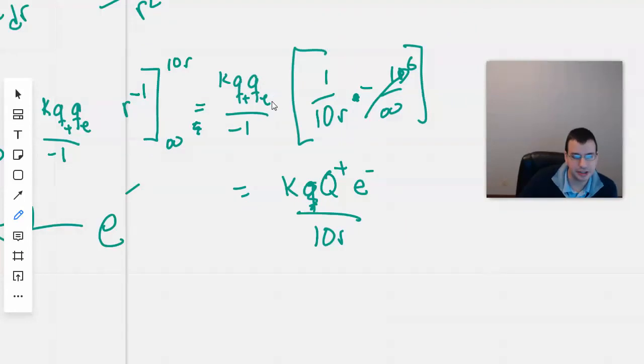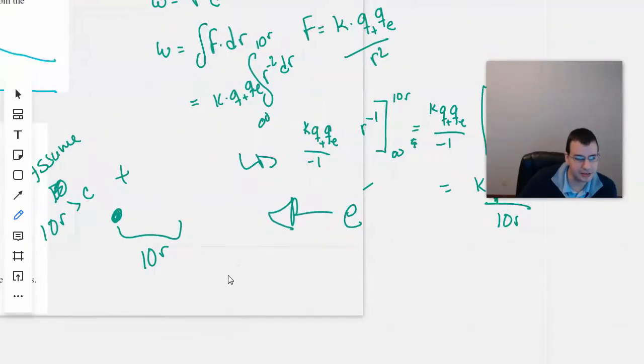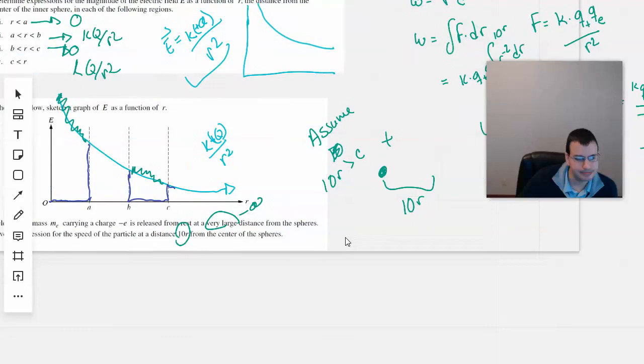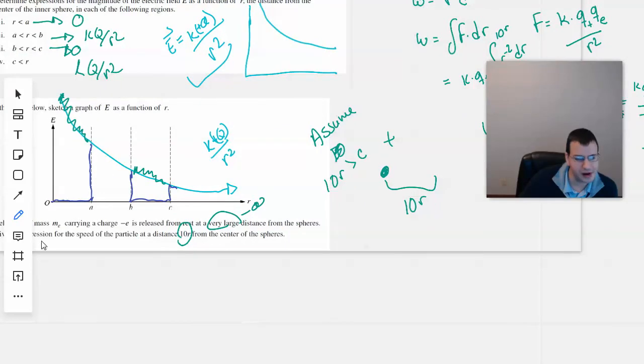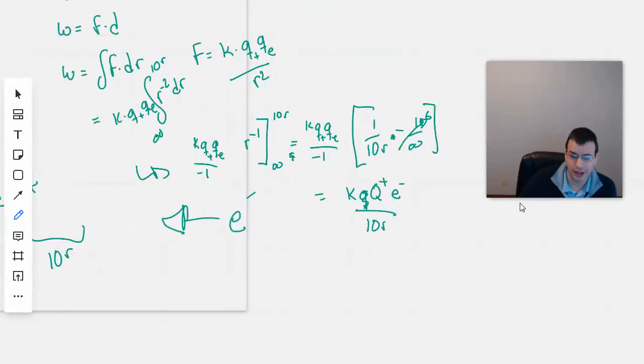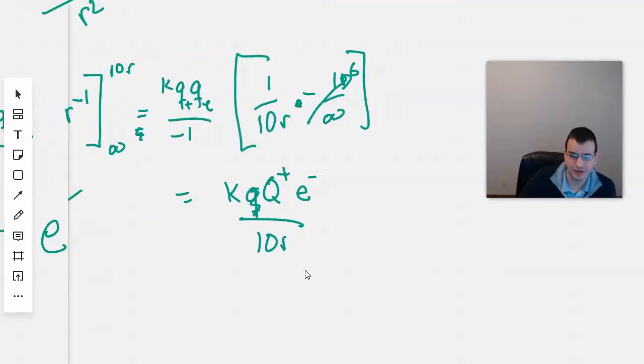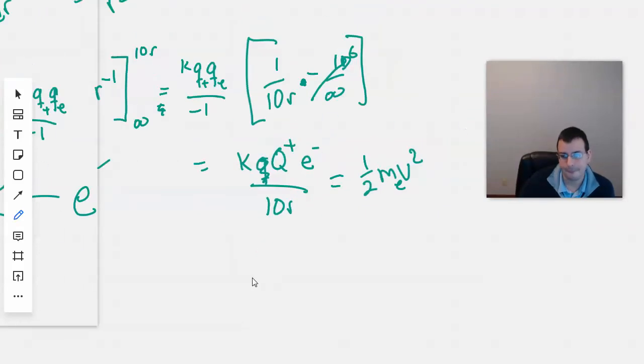Maybe it's because the electron is a negative charge, which would make sense. Negative e, that could be it. Either way, I want a positive amount of energy, because I know that I'm converting potential energy to kinetic, and so it should be moving. And this will equal 1/2 m v squared, with the mass of the electron.